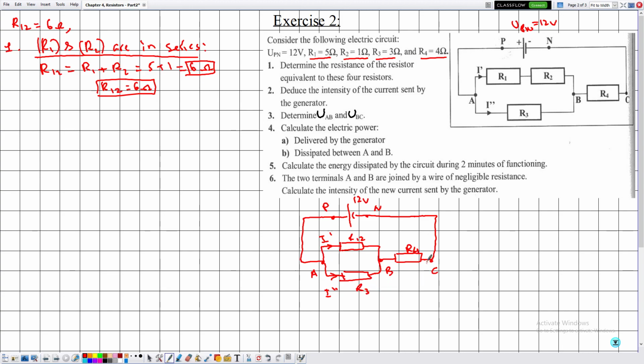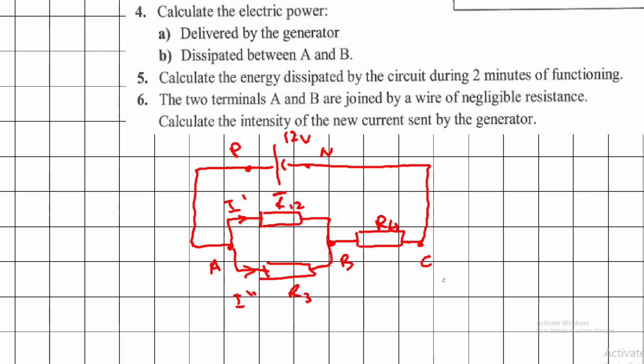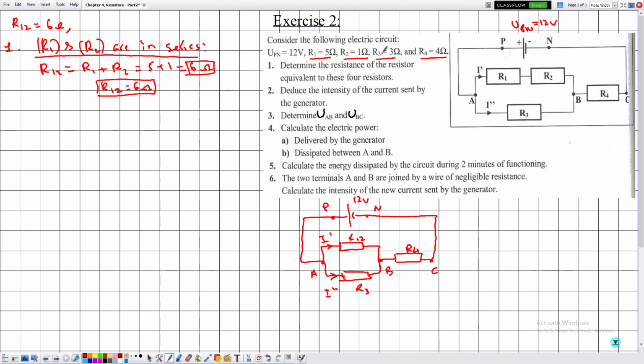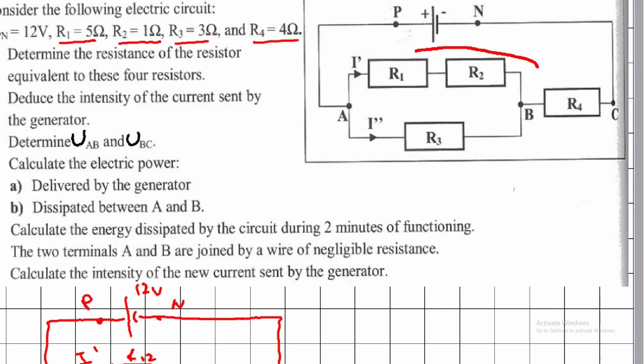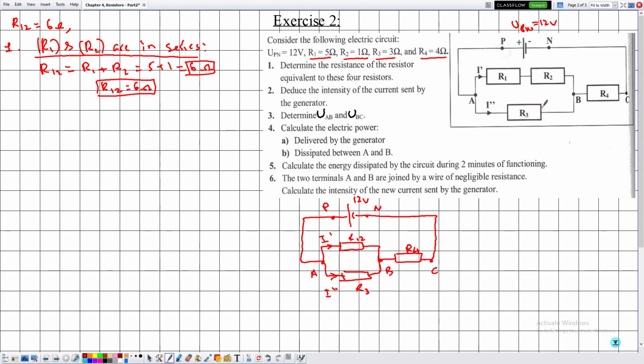Okay, so we need also to label everything on every circuit. Now notice that in this case it's obvious that R12 and R3 are in parallel. When they tell us determine the equivalent resistance, we need to replace all of these 4 resistors by a single resistor. Now we need to say that R12 and R3 are in parallel.